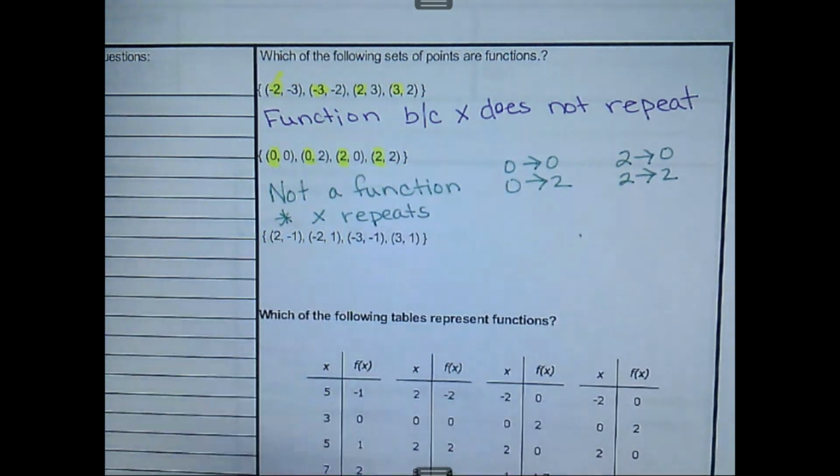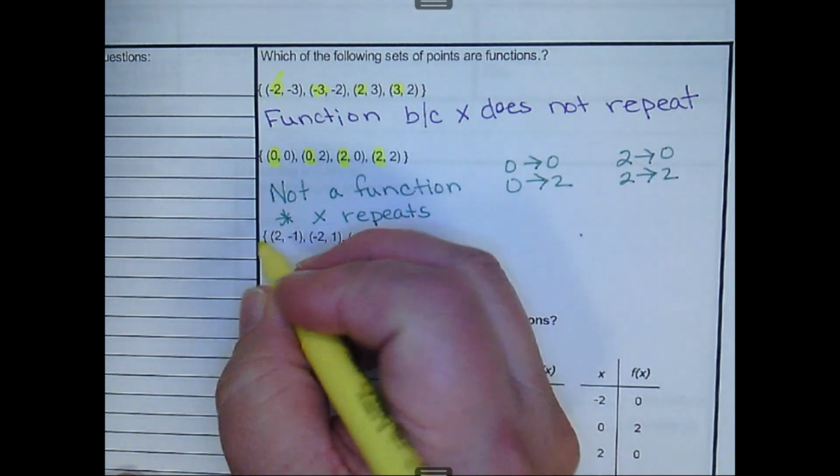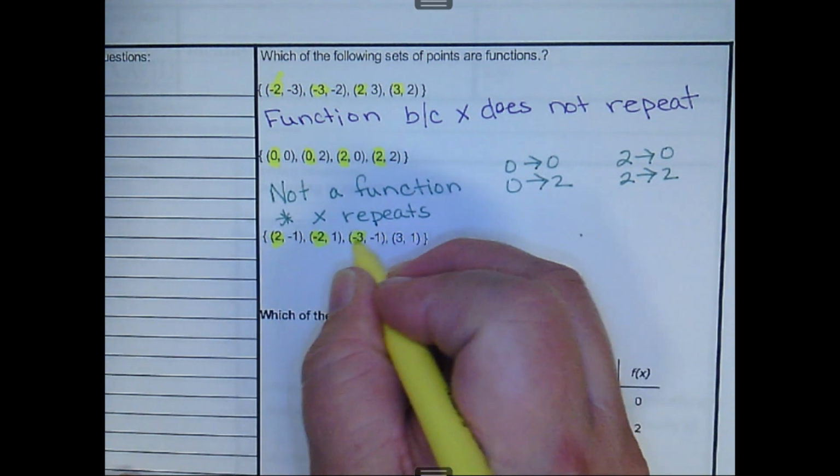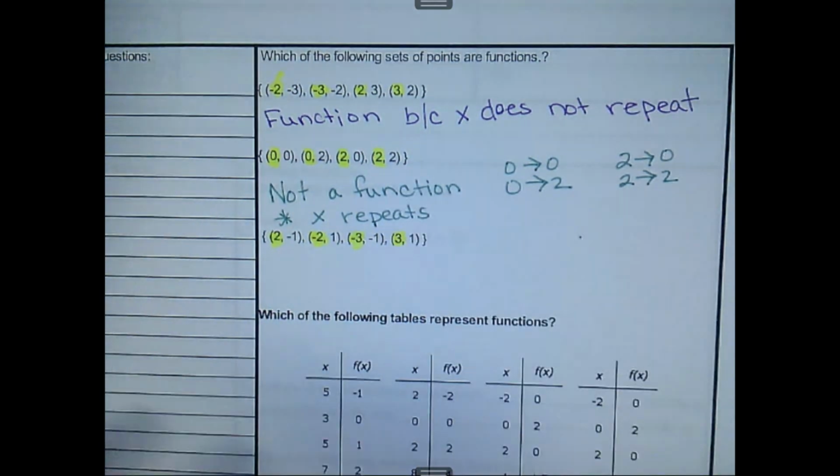Okay, can you do the next one on your own? Is it or is it not a function? Pause the video and see if you can do it. Okay, here we go. I hope you tried it on your own. I've got a 2, I've got a -2, I've got a -3, and I've got a +3. Are my x values repeating?